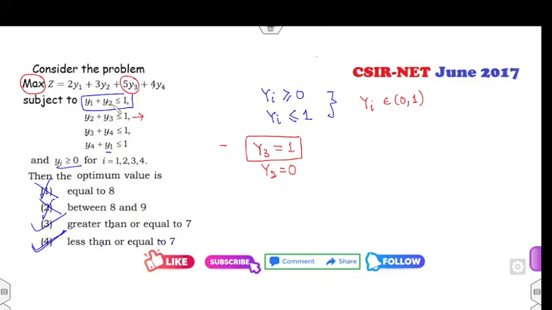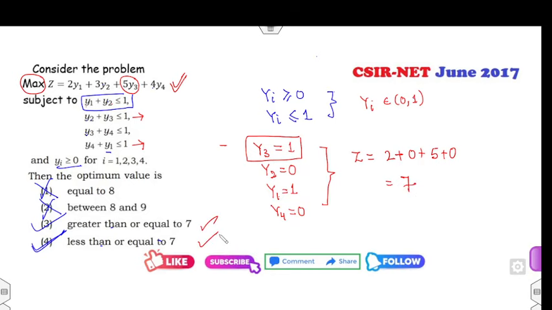Once y2 is 0, y1 will be 1. Once y1 is 1, y4 will be 0. Fine. Now once you get this optimal answer, what is the objective function? You can substitute this value: 2 plus 0 plus 5 plus 0. Again you will get 7 as the right answer.